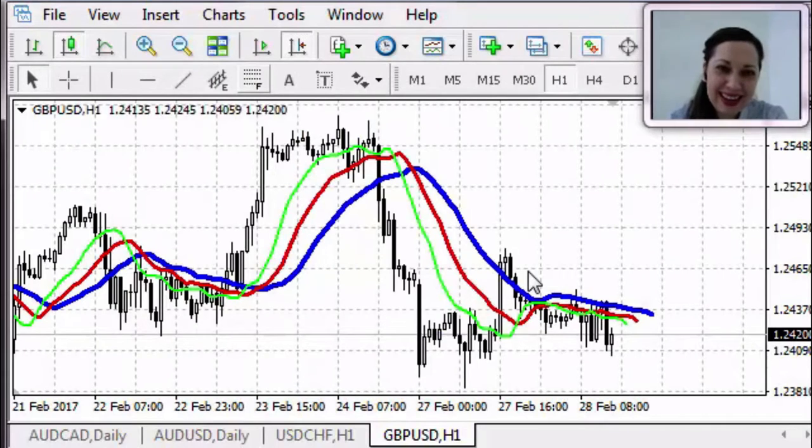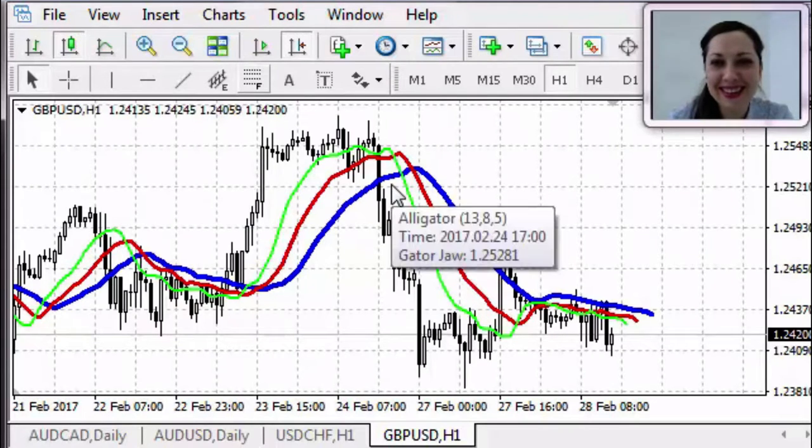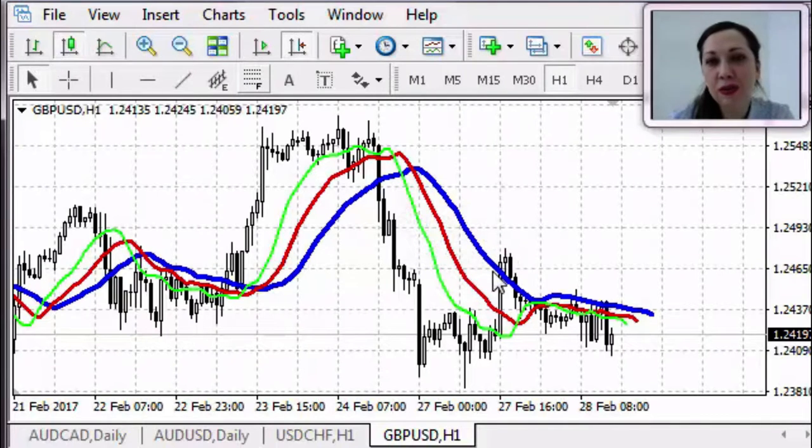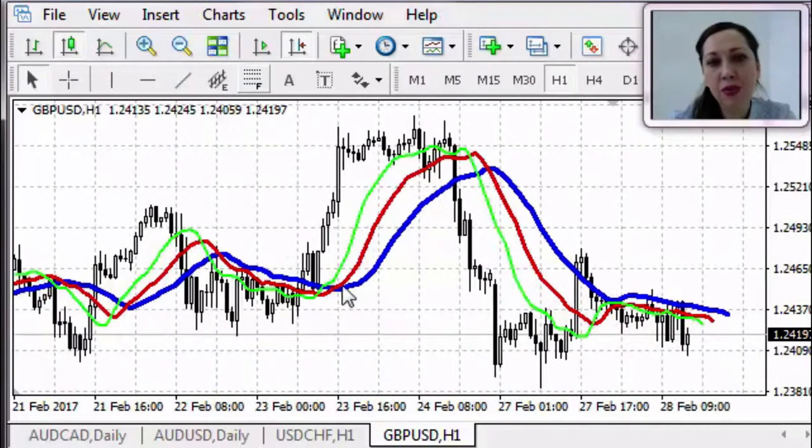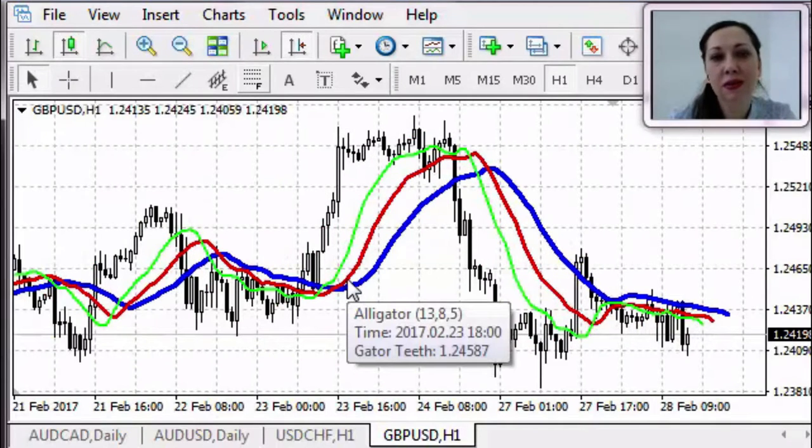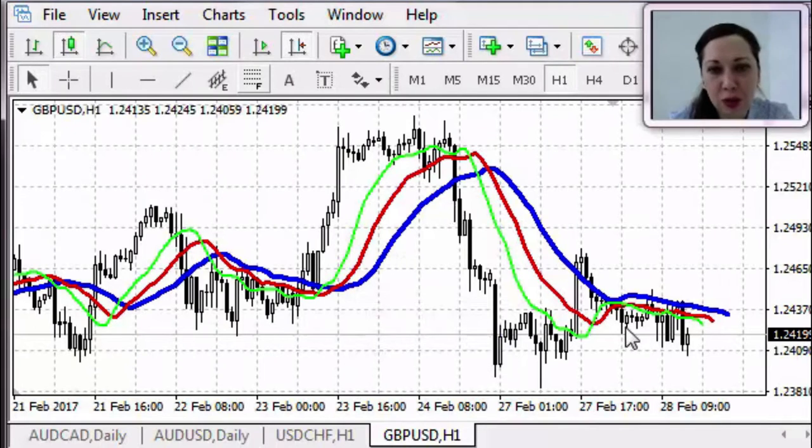So it's a trend indicator, and it shows how to analyze it, how to read it. It shows the trend. For example, if all the lines of this indicator, jaws, teeth, and lips, are pointing down, it's a signal of a downward trend. You see, it's explicit over here. If they're pointing up, it's a signal of the upward trend.